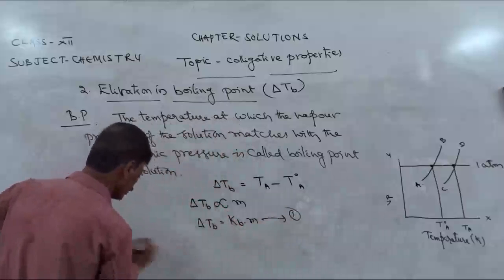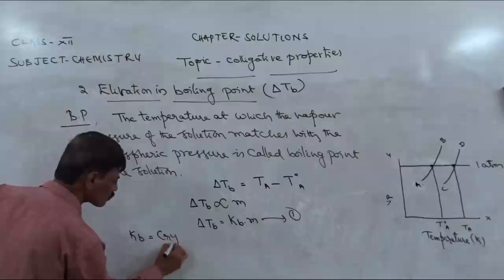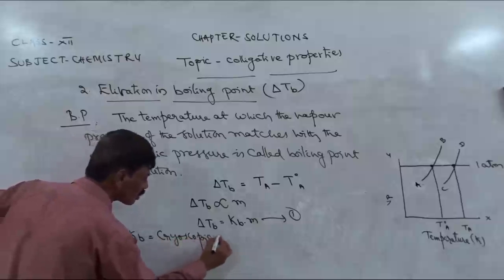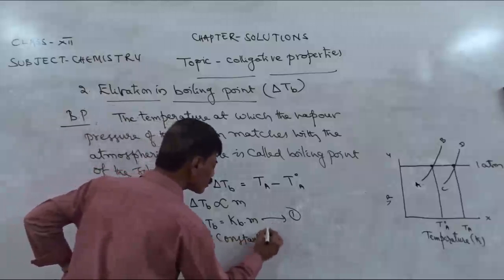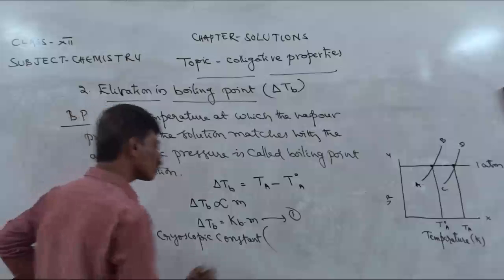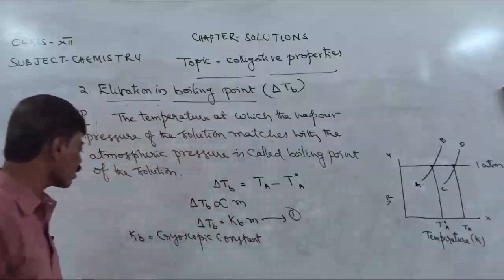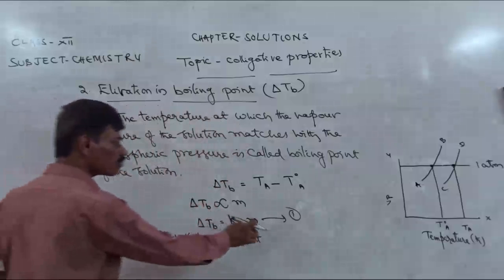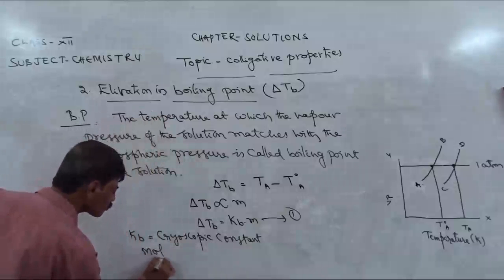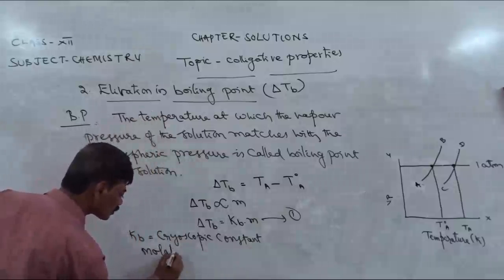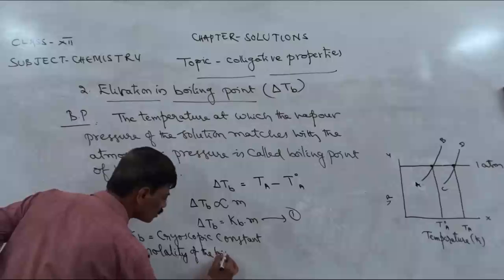And here Kb is equal to the cryoscopic constant. It is also known as elevation in boiling point constant. Elevation in boiling point constant or cryoscopic constant. And m stands for molality of the binary solution.